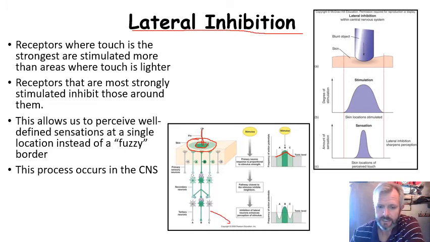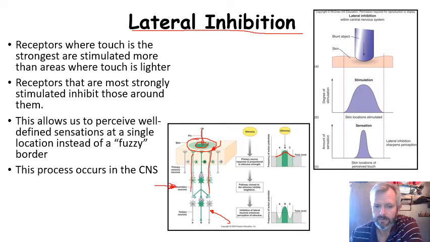These are the neurons that talk to the region of the brain for perception. What lateral inhibition means is, look at these second order neurons. The neuron that is strongly elicited will strongly stimulate its second order neuron, and these lower stimulated neurons are traveling in the same pathway.